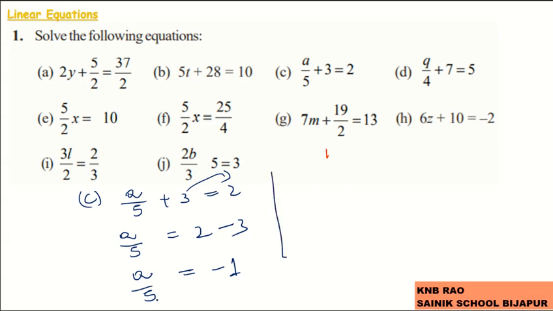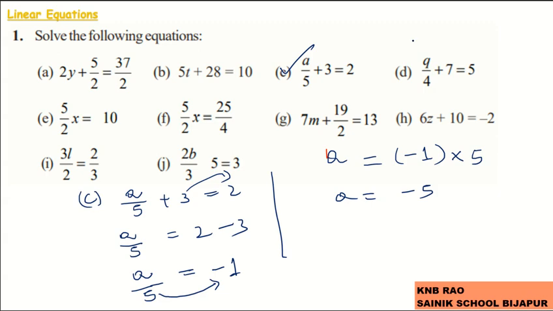Afterwards, here 5 is doing division. By transposing this, we will get minus 1, which is there as RHS, and that RHS is now multiplied by 5. Now it results as minus 5. So that's how we solve question C.